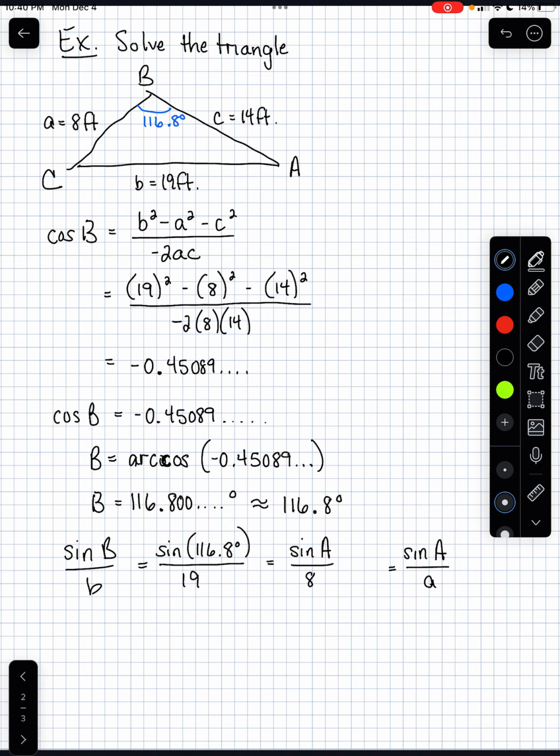So, again, with a little bit of algebra here, to solve this for the sine of A, we would have 8 times the sine of 116.8 degrees over 19 is equal to the sine of A. Our trusty calculator is our best friend here.